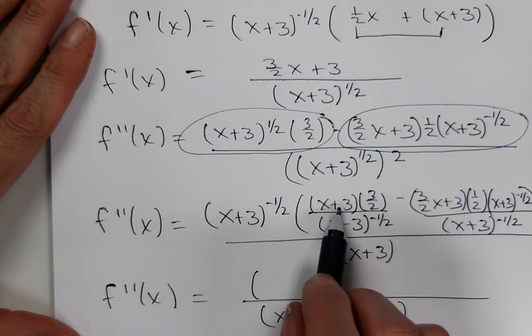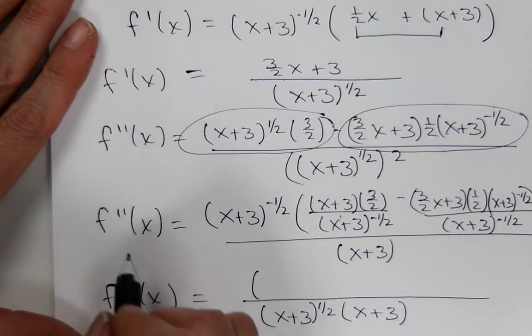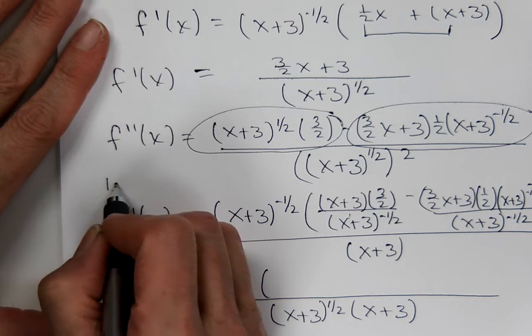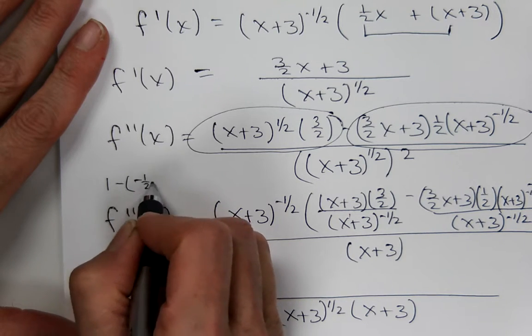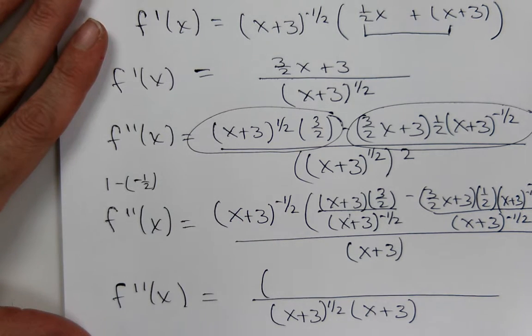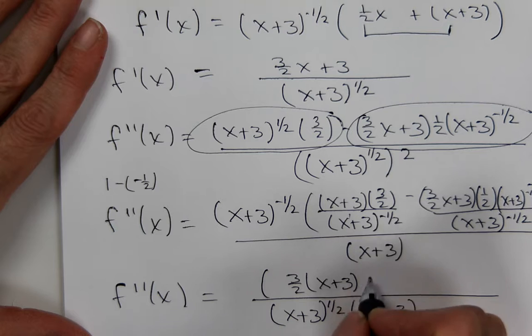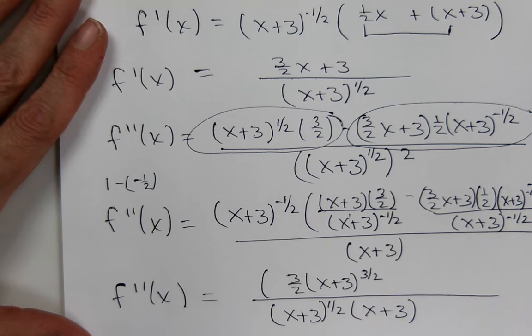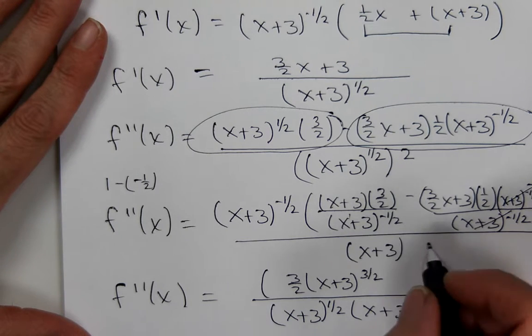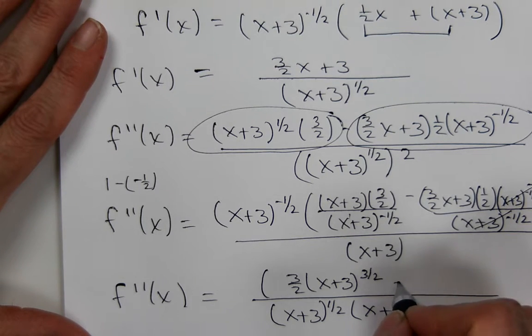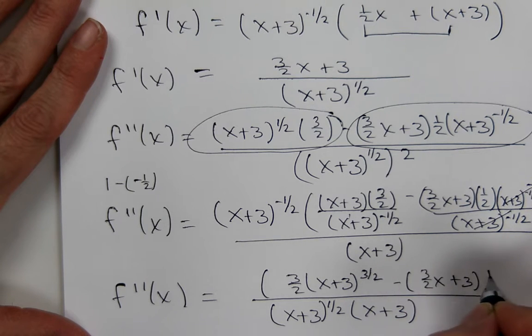So I have 1 minus negative 1/2. And so that's going to be 3/2 (x plus 3) to the 3/2. And then for the next term, the (x plus 3) to the negative 1/2 cancel. And I get minus (3/2 x plus 3) times 1/2.